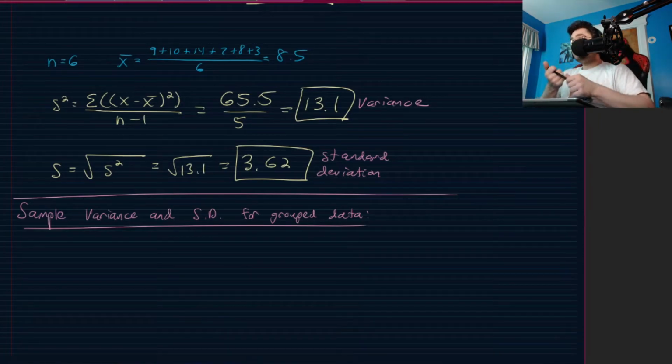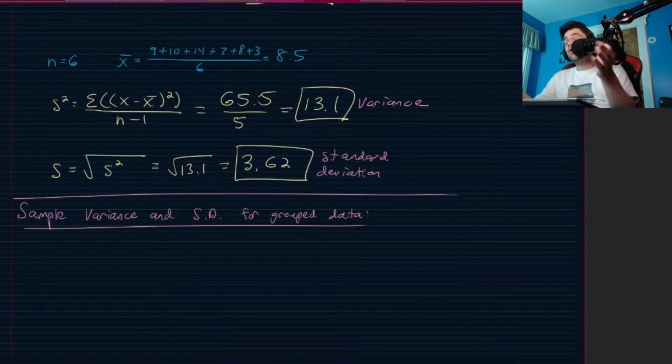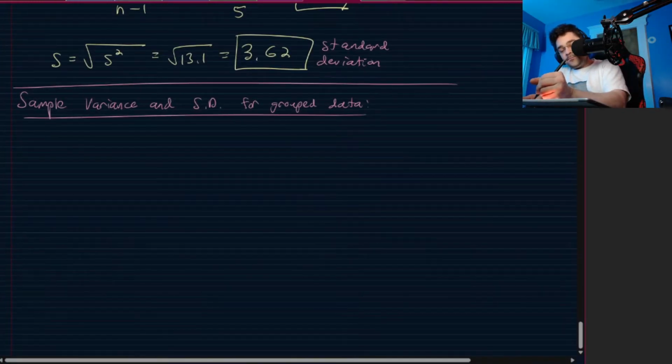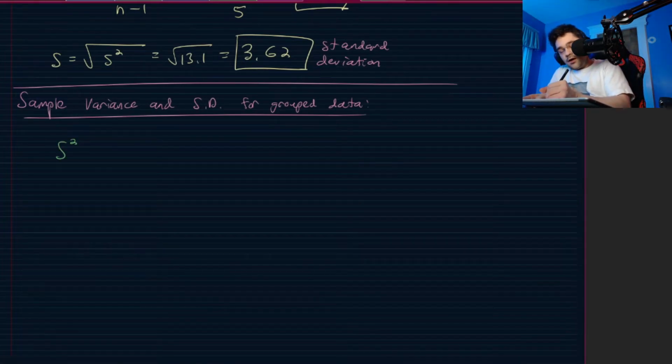Okay, so again, we could have the data grouped rather than having all the raw data. And there probably is a formula for population as well, but we're only going to study the sample formulas for variance and standard deviation for grouped data. So only for sample in these ones. So for grouped data, s squared, remember the variance. It's not a nice formula, guys.